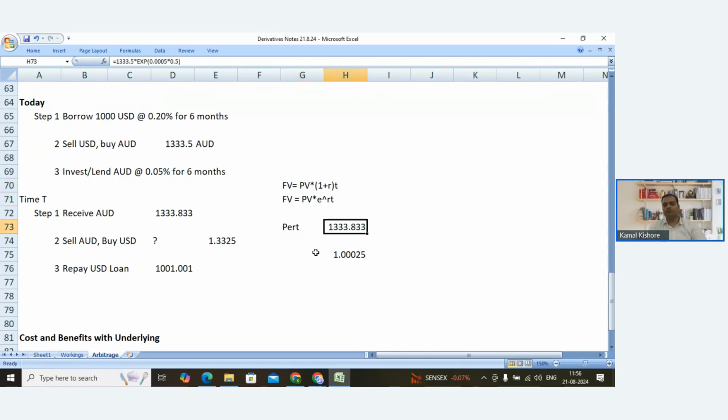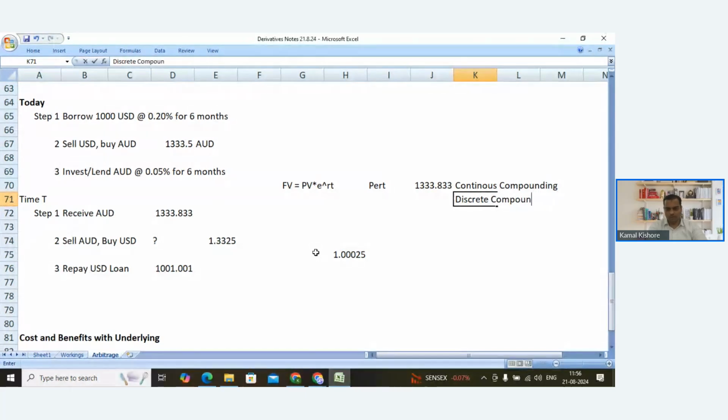With that, what is the answer? Then continuous compounding.